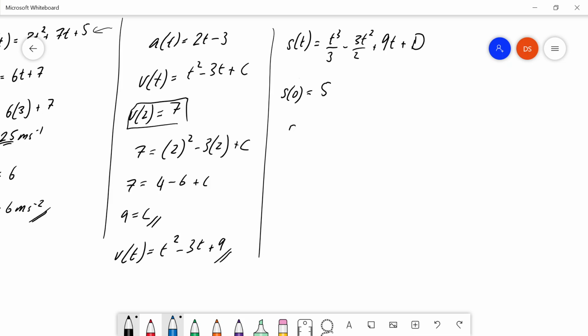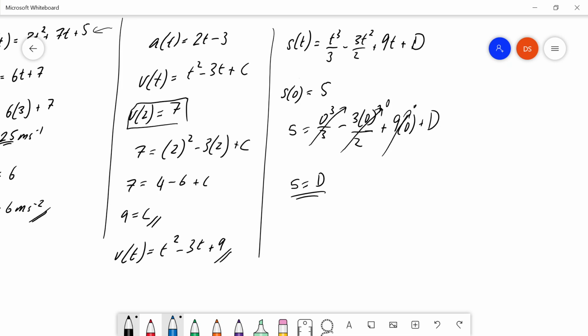I can plug in 5 equals 0 cubed over 3 minus 3 times 0 squared over 2 plus 9 times 0 plus d. And so all of this goes away, so I'm left with 5 equals d.